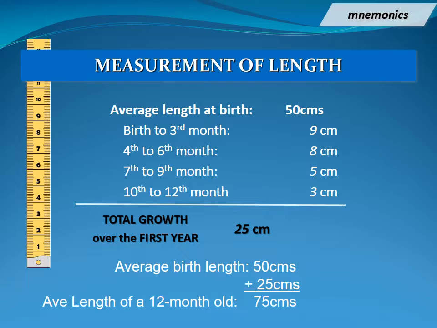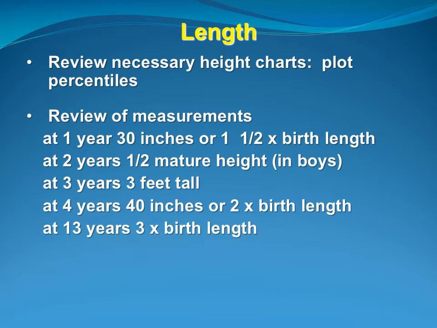One example is, for an average Filipino 12-month-old infant, the total length is 75 centimeters. On the basis of the birth length of 50 centimeters, you add the 25 centimeters growth in length for the first year. Now we go to some of the mnemonics.